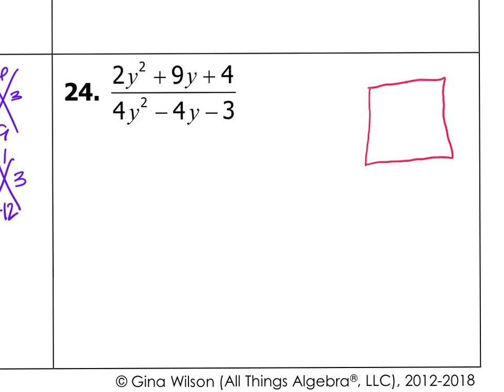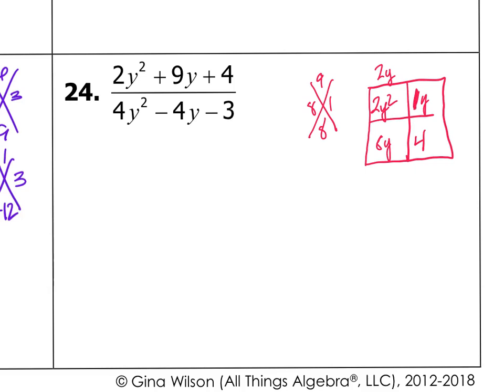We're going to do the top. So this is 2y squared and 4. So I need two numbers that multiply to be 8 and add to be 9. So that's going to be 8 and 1. So that's 8y and 1y. And now I'm going to factor. So this would be 2y, and this is 1y.